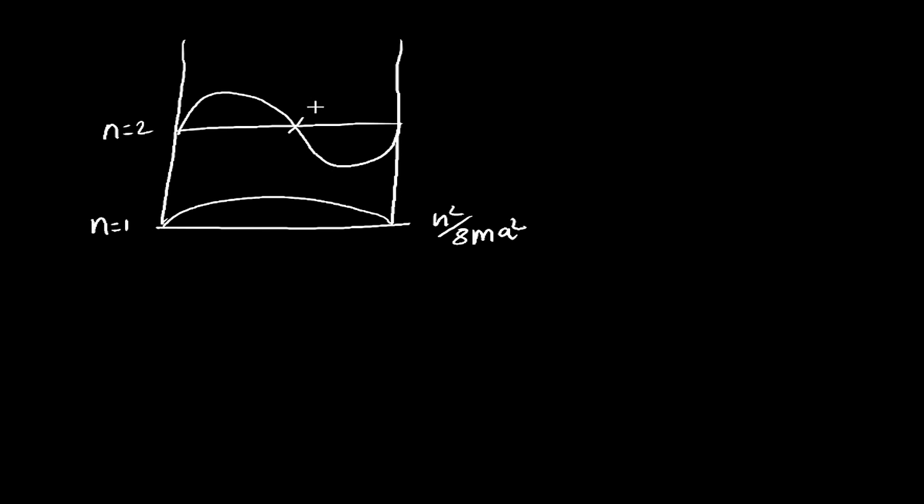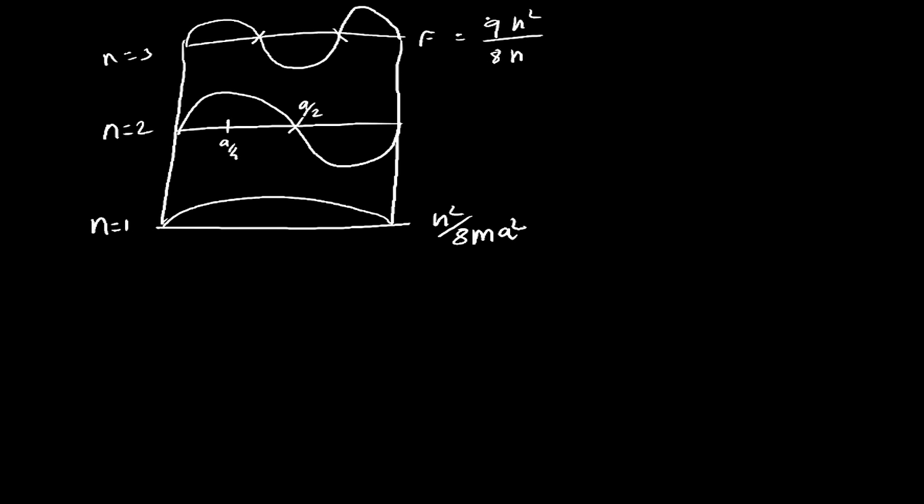This will be at a by 2, and this will be at a by 4. Similarly for n is equal to 3, we will have two maxima, one minima, and two nodes, and the energy will be 9 h square upon 8 m a square.